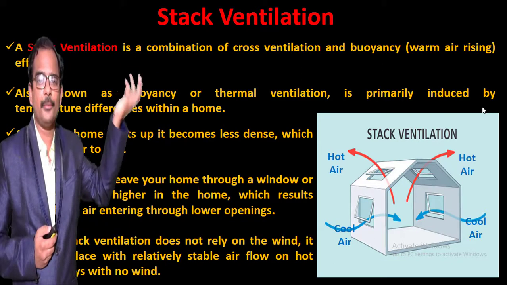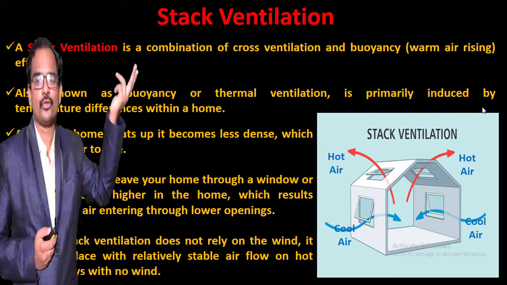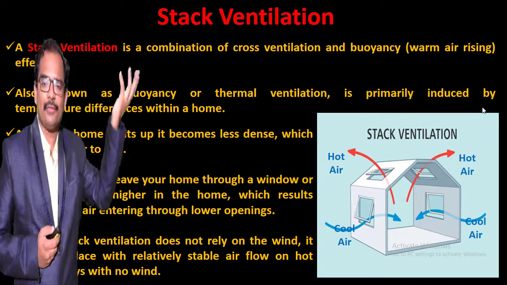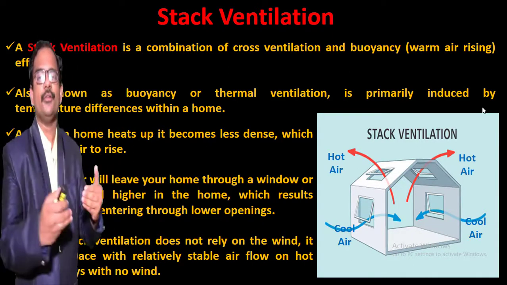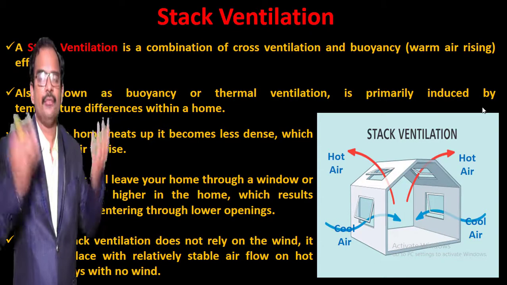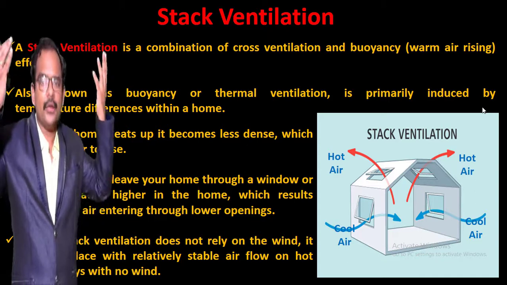In the ceiling we will provide two vents or windows or openings for the hot air to move outside the home, and that is the reason why the cold air will enter through the windward and leeward walls and the hot air leaves through the windows available at the ceiling, right?